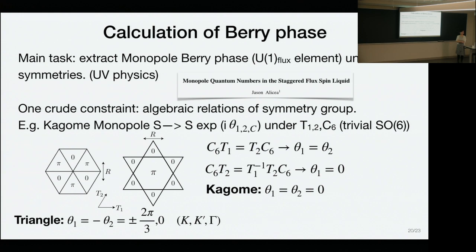But the Berry phase here, you say non-abelian, it could not be just something like a spin rotation. It could be the full SO(6) times U(1). Yeah, maybe we can discuss it.